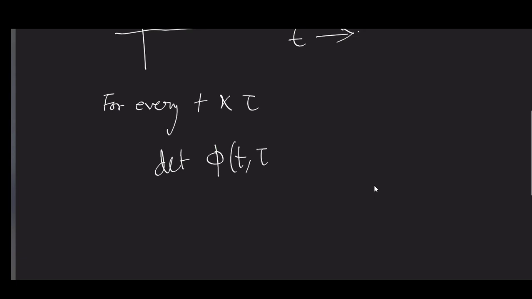Now what is next: for every t and tau, the matrix A(t) satisfies the determinant of phi(t, tau) is equal to, and this is a very interesting and important property.